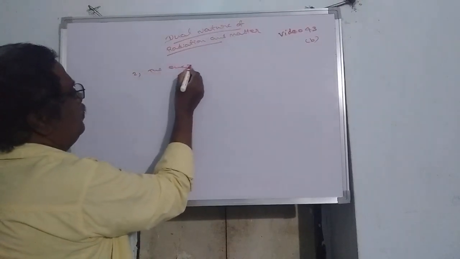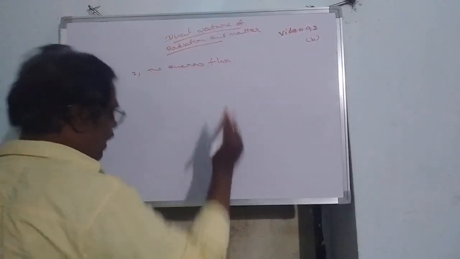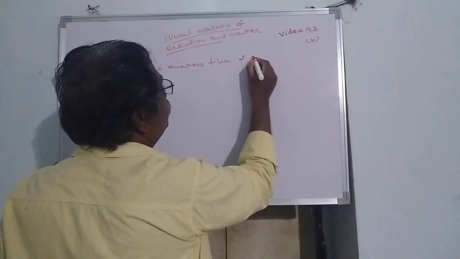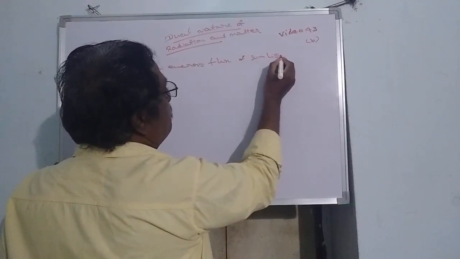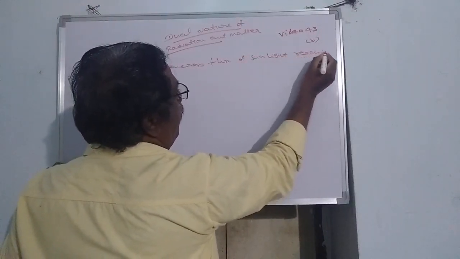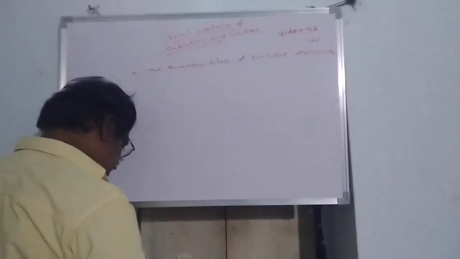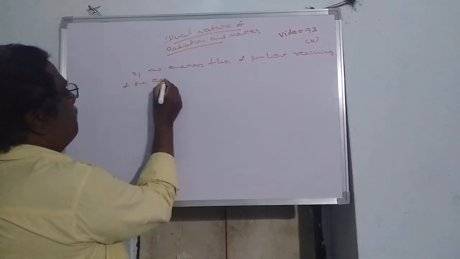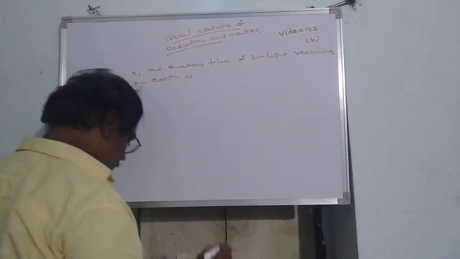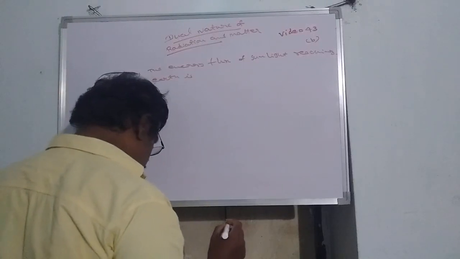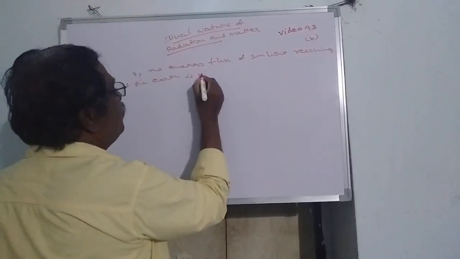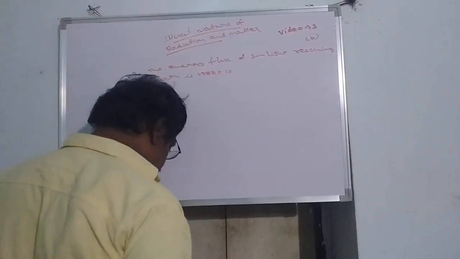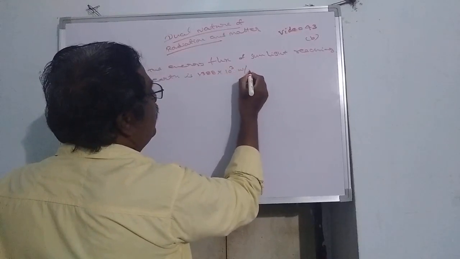The energy flux of sunlight reaching the earth is 1.388 into 10 cube watt per meter square.